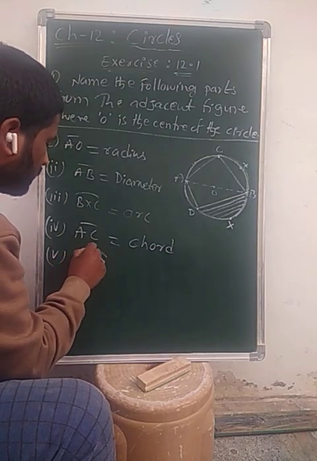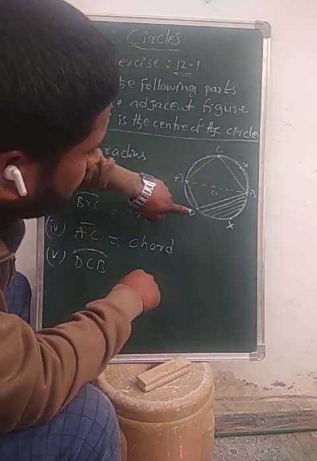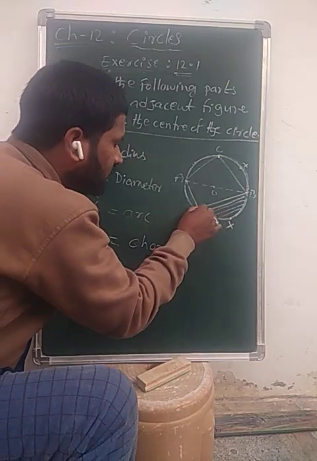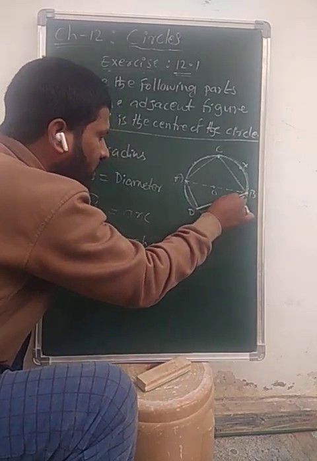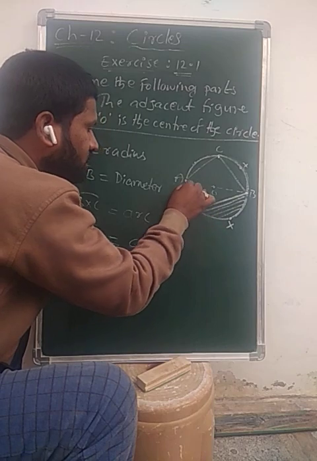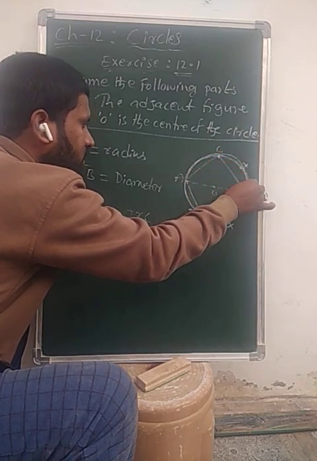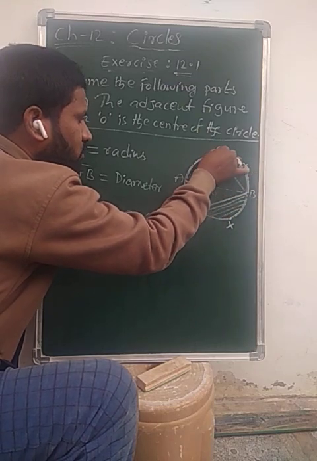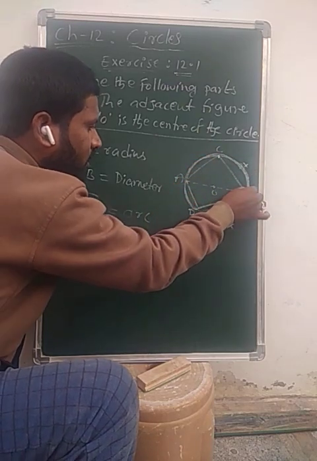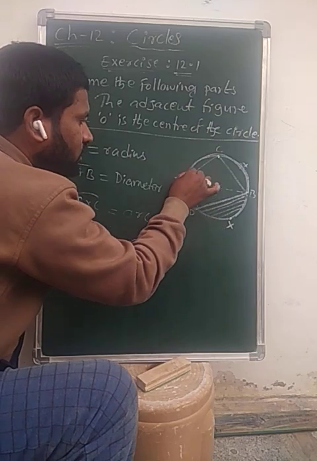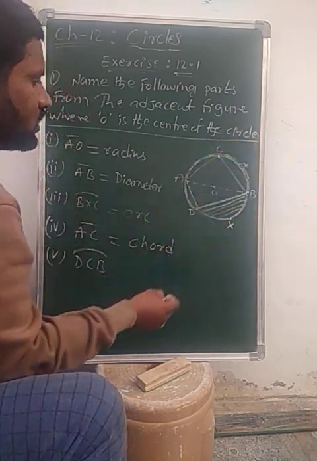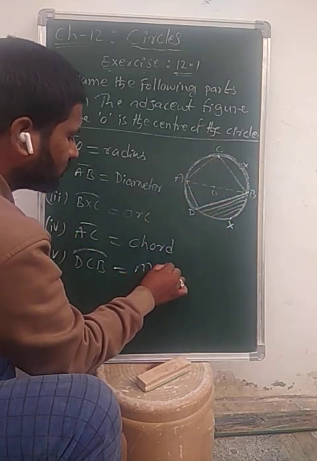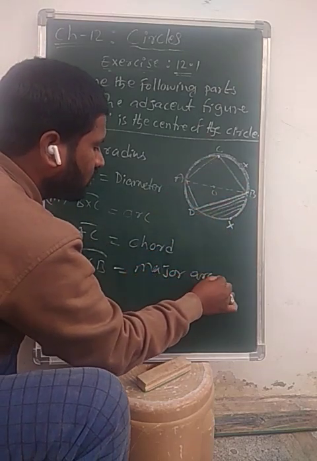Try to observe here. First of all, DB is a chord here, and this is the major arc. DB is a chord and DCB is a major arc.